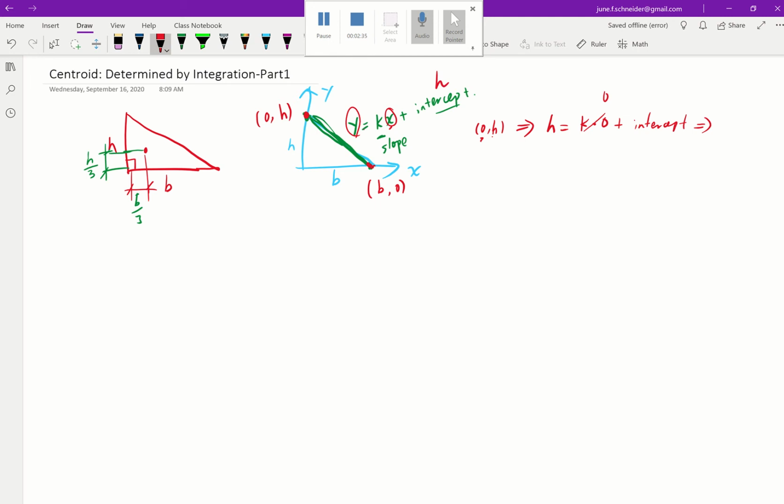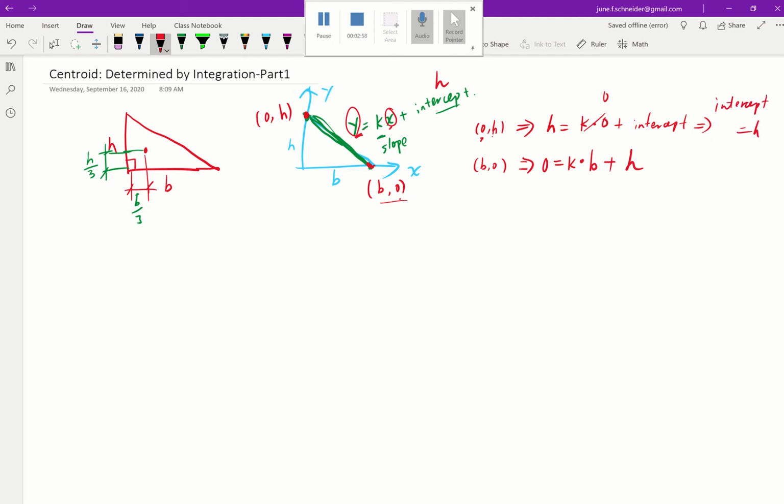Then bring in the second point, (b, 0), to satisfy that equation. Our y is now 0, and our x is b, so 0 equals k times b plus the intercept, which we already solved in the first equation: the intercept is equal to h.